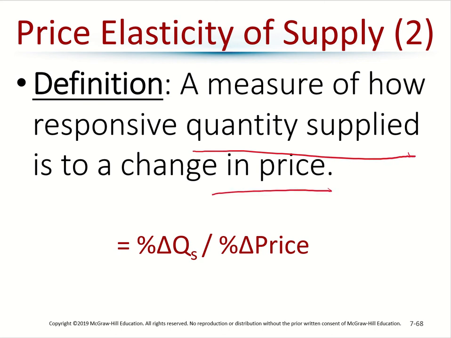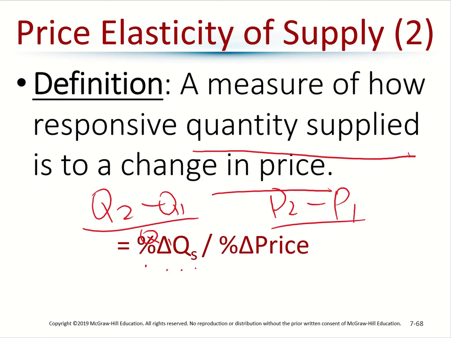So it's just your percentage change in quantity supplied over the percentage change in price. And you still have the same Q2 minus Q1 over Q1, and then this would be P2 minus P1 over P1. So just like before, nothing changes. The only thing is you replace QD with QS. Okay, so everything follows the same concept.